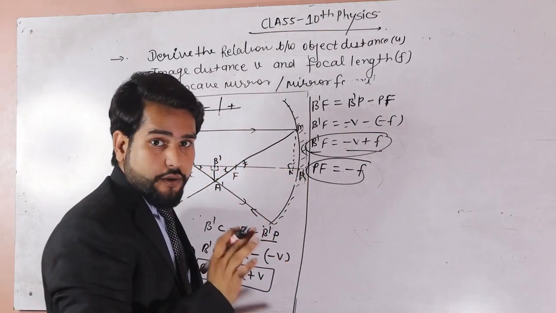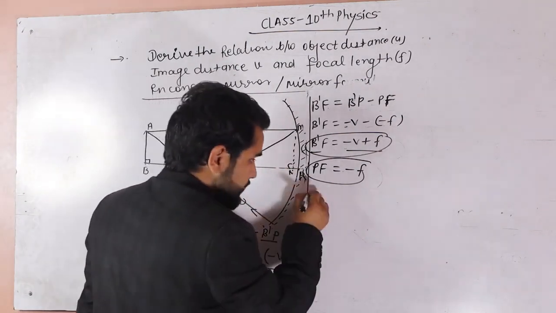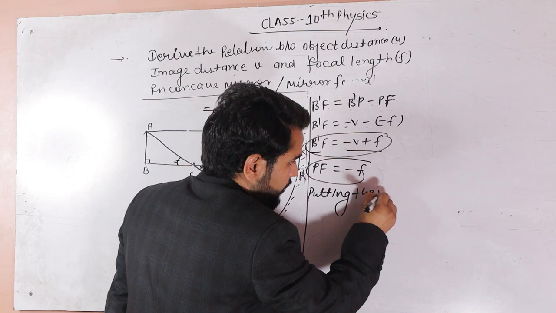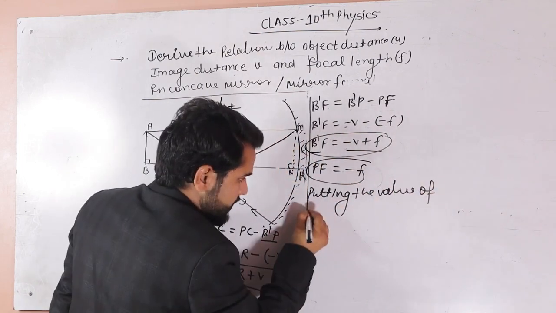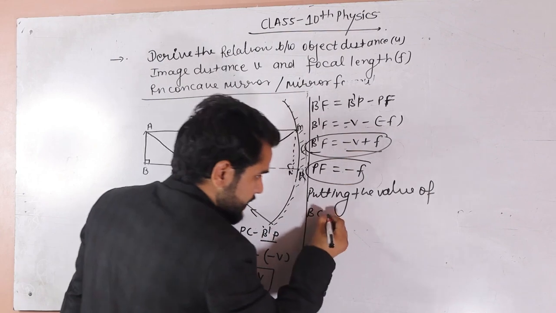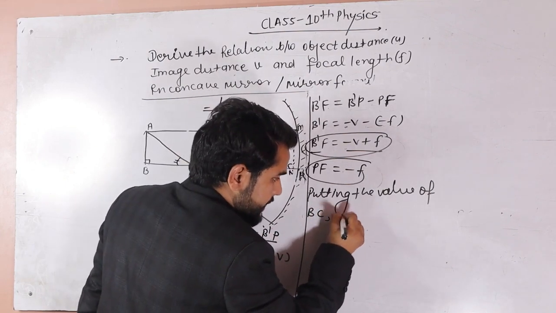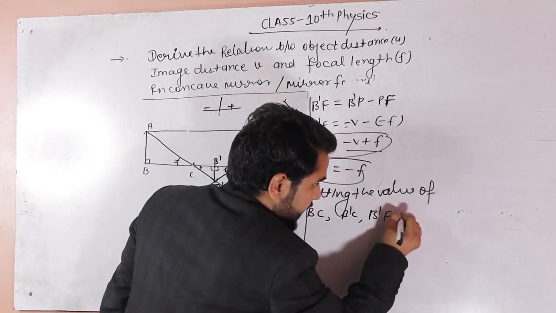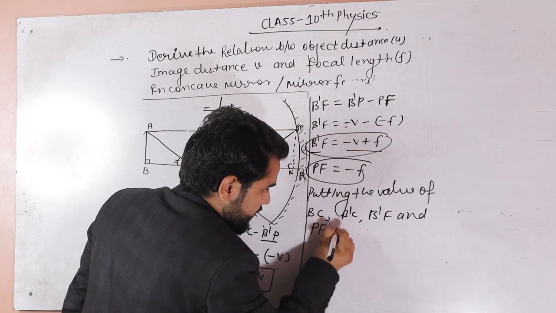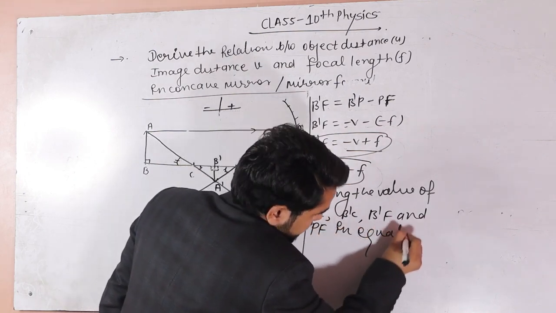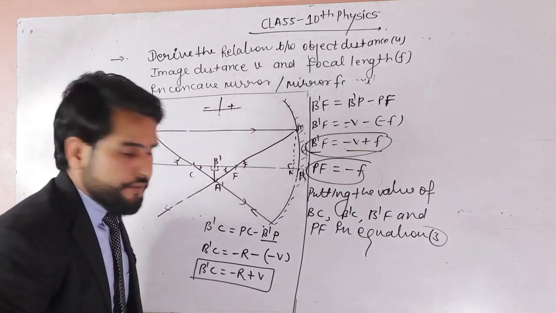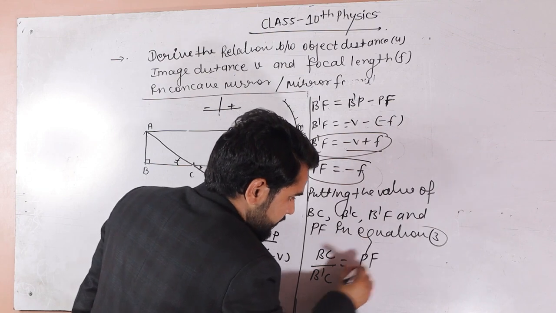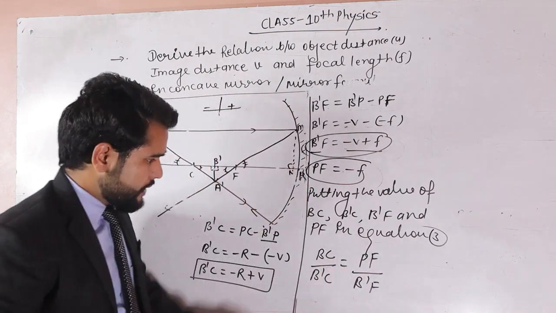So all these values, BC, B'C, B'F and PF, we put in equation third. And what is the third equation? The third equation is BC upon B'C equals PF upon B'F.